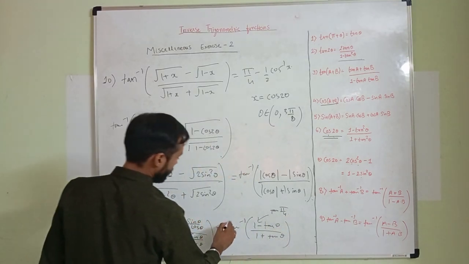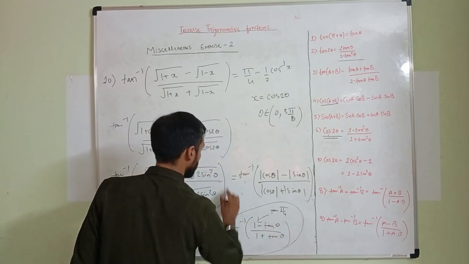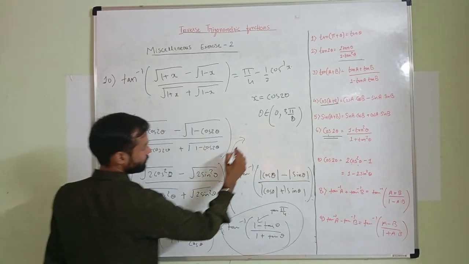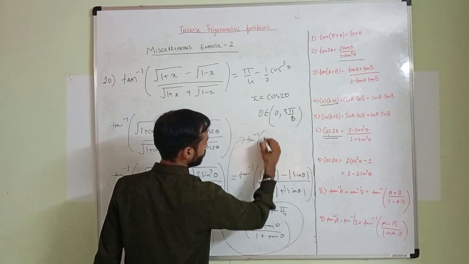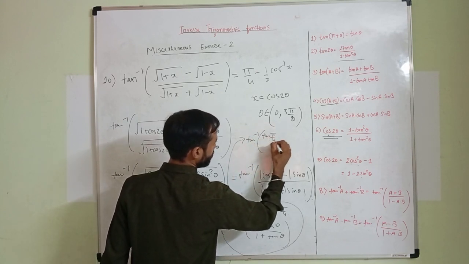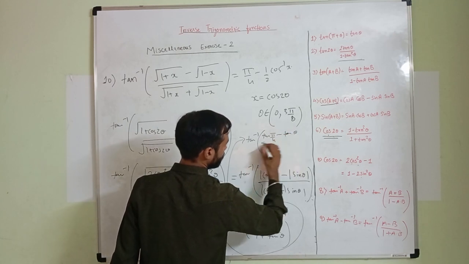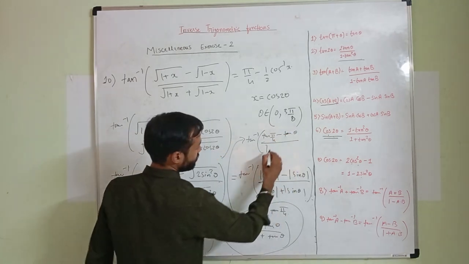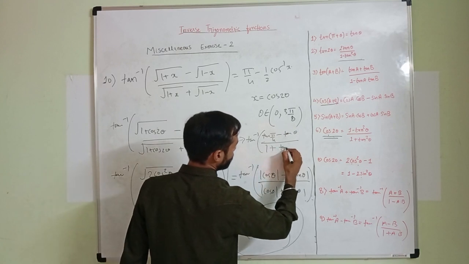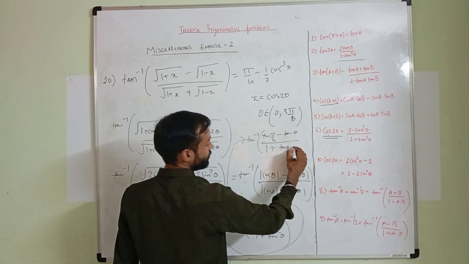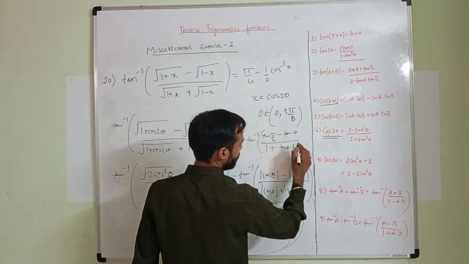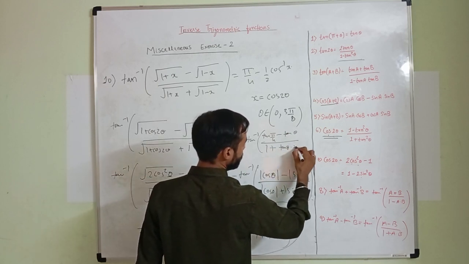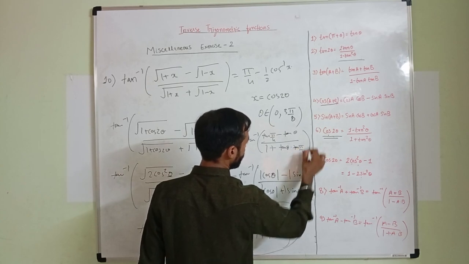So finally this can be written as tan inverse of tan pi by 4 minus tan theta upon 1 plus tan theta, where in place of 1 we are writing tan pi by 4.